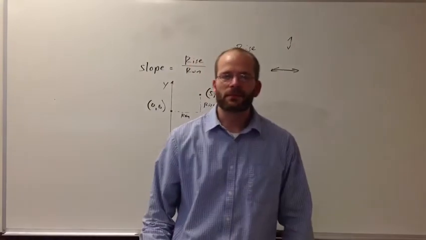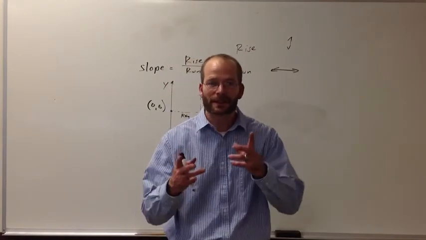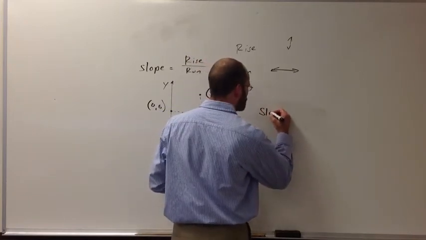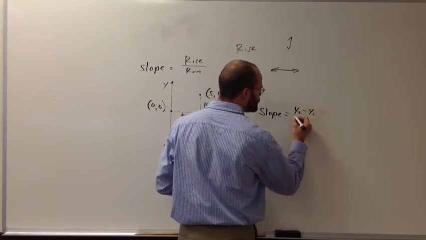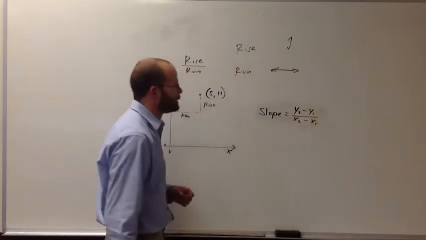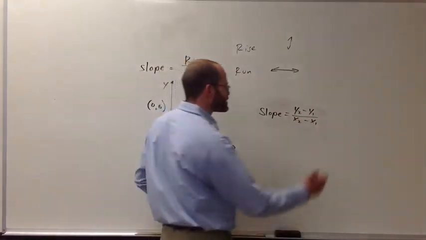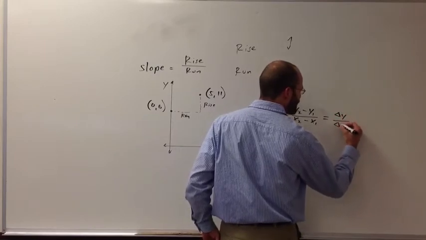In order to be able to do calculations with this concept of slope, to be able to look at the numbers, we write slope this way. Slope is equal to y2 minus y1 divided by x2 minus x1. Now, we need to just look at one of these for a minute. Sometimes you'll see it described this way, that slope is equal to delta y over delta x.